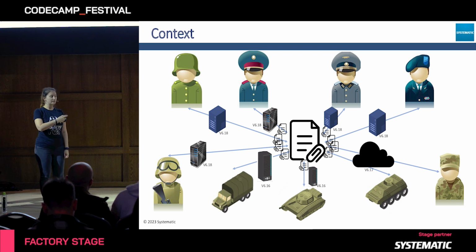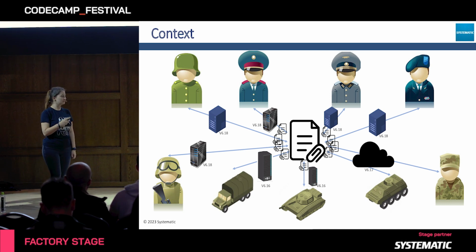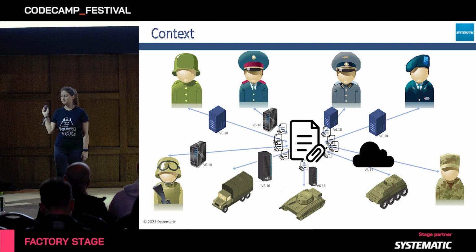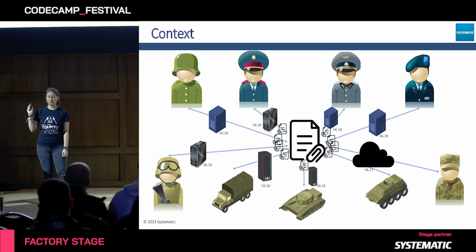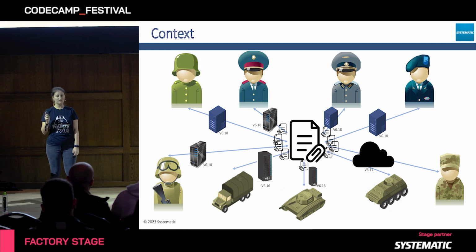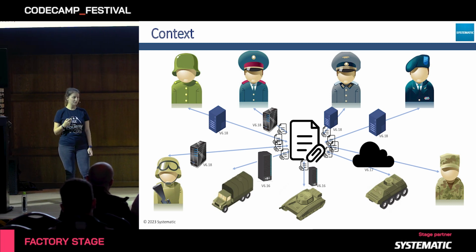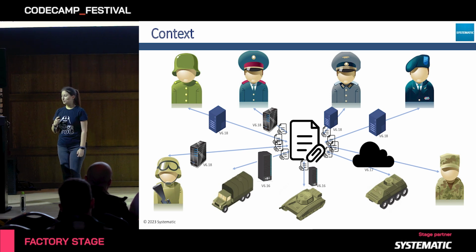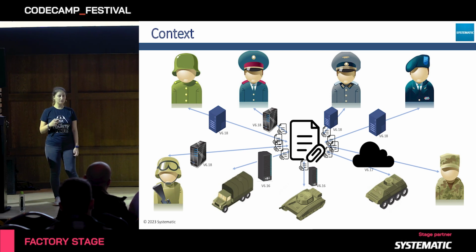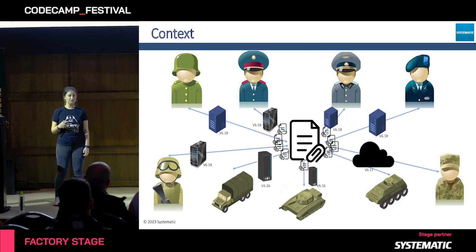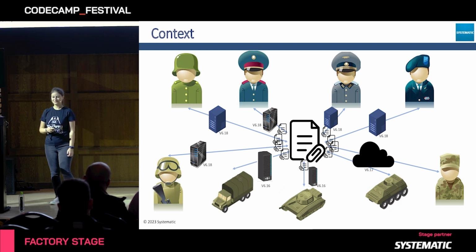Maybe they use the same version of the application. Maybe they use different versions of the application. Maybe those application versions are deployed standalone or in an organization cluster. And all of them have to work together on this collaborative rich text document and contribute to that in real time. That's our context.